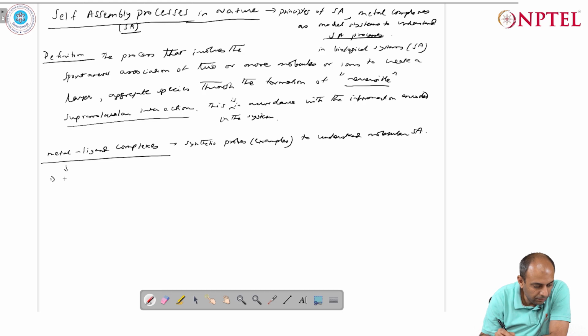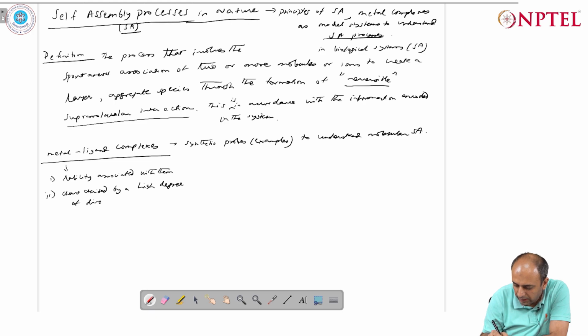Number one, because they have lability associated with them, that is, the metal-ligand bonds are of a labile nature, and number two, they are also characterized by a high degree of directionality. The directionality is because given a metal ion and a given ligand environment, we are able to predict with confidence and certainty the nature of the metal-ligand association to form a much larger aggregate.